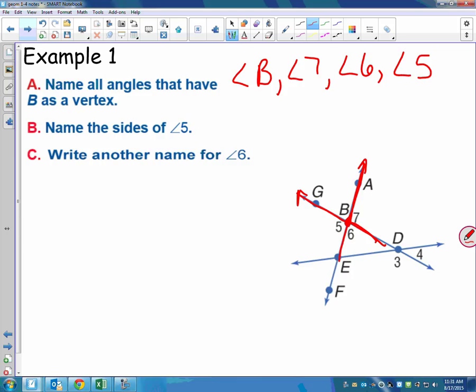If this was labeled 1, we could call that angle 1, and it only names that angle. Okay, that's a good question. Okay, I'm going to erase this. Name the sides of angle 5. And remember, the sides of an angle are made up as rays, so you need to write it that way. So somebody tell me what the sides of angle 5 would be?